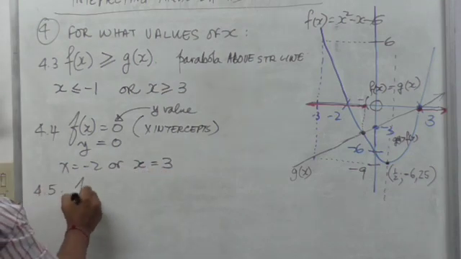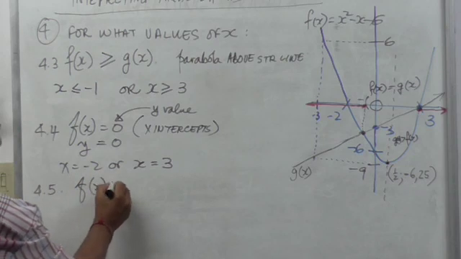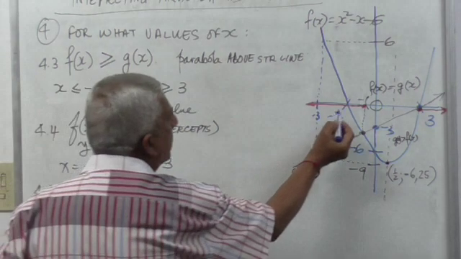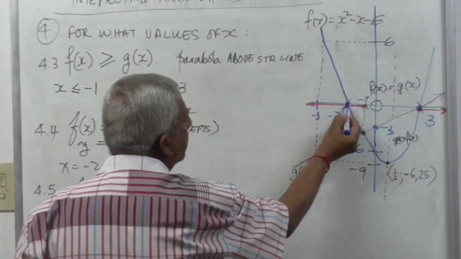4.5. Now we can do f of x is greater than and equal to 0. So now you got to be very careful. F of x is equal to 0 for this x value.